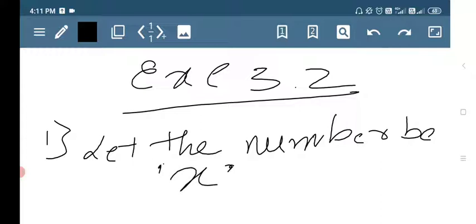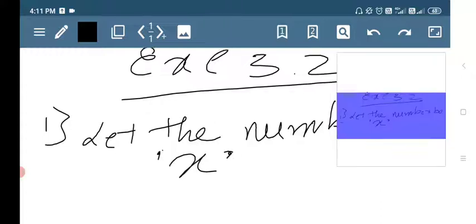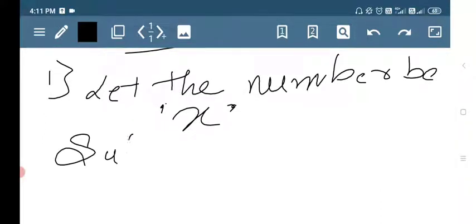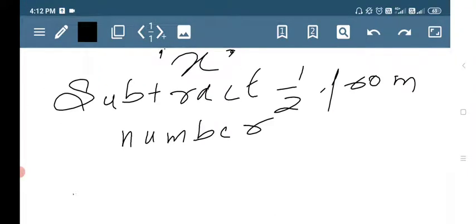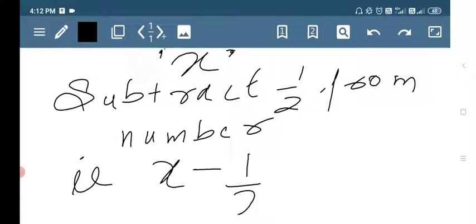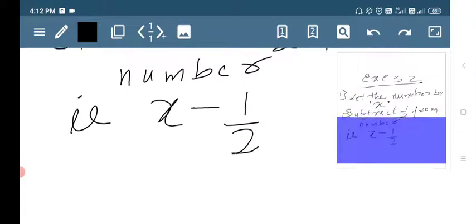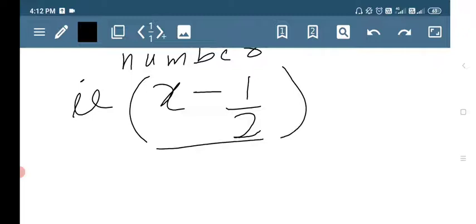If you subtract 1 by 2 from the number, that is x minus 1 by 2, and multiply the result by 1 by 2. Who is the result here? This is the result.